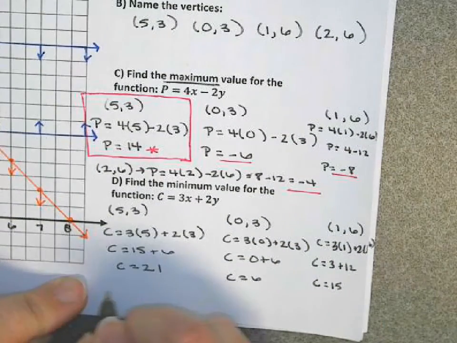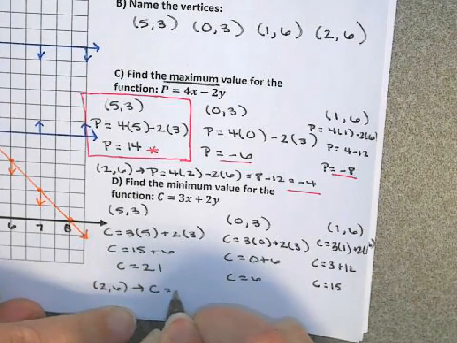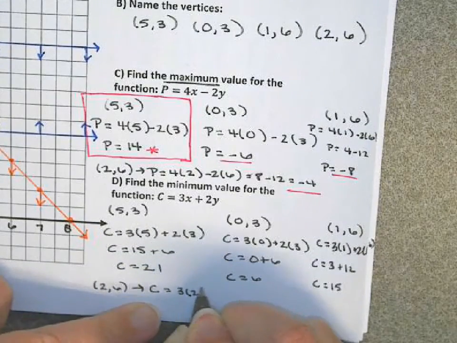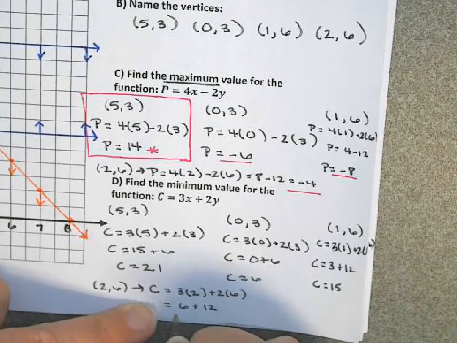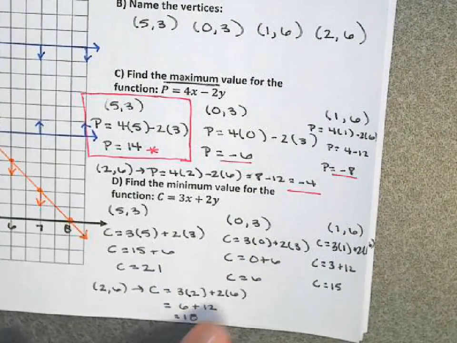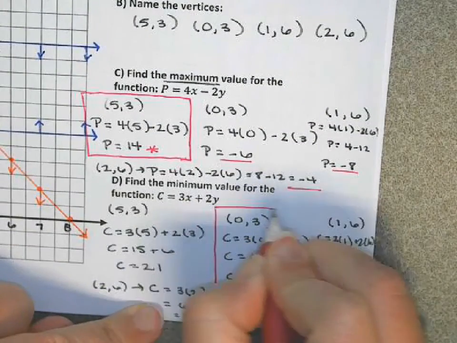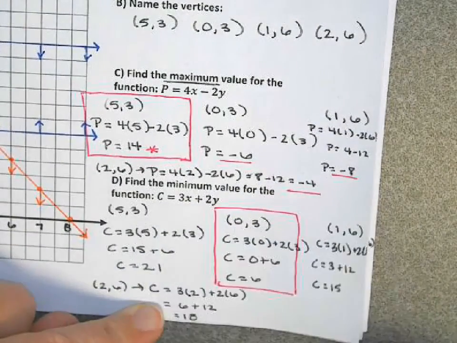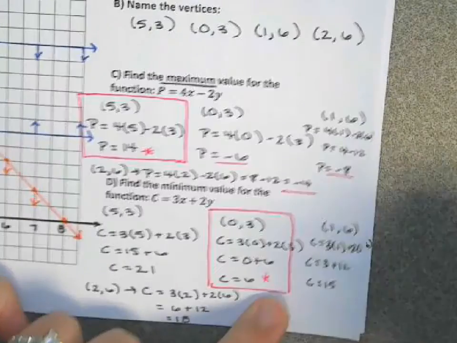Last but not least, plug in 2, 6. Definitely not that one. So the lowest cost is at 0, 3, which had a cost of 6. So then we would circle that one. This is your lowest cost.